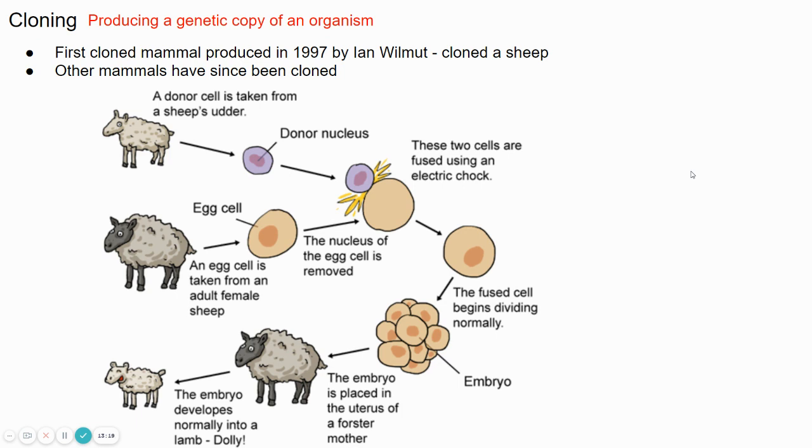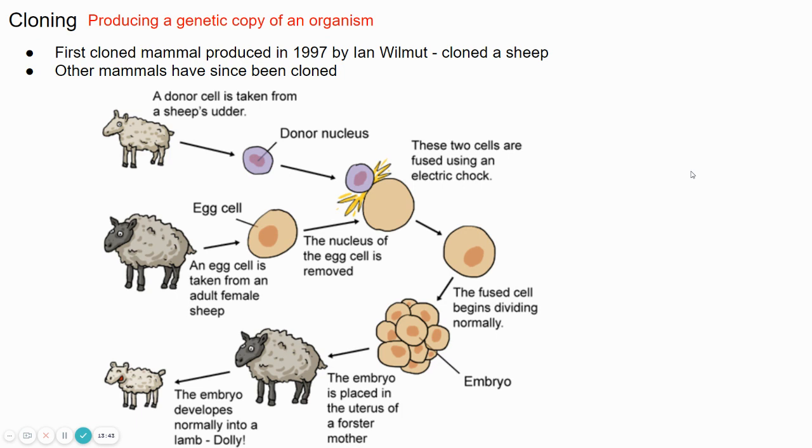Basically, they take a nucleus out of a cell from an organism, the whole nucleus. And remember, one single nucleus of a body cell has all of the information to make the whole organism. It's all in one nucleus. So they could take a nucleus out of one cell. Then they need to take an egg cell. They get rid of the egg cell's nucleus, so there's no genetic material.